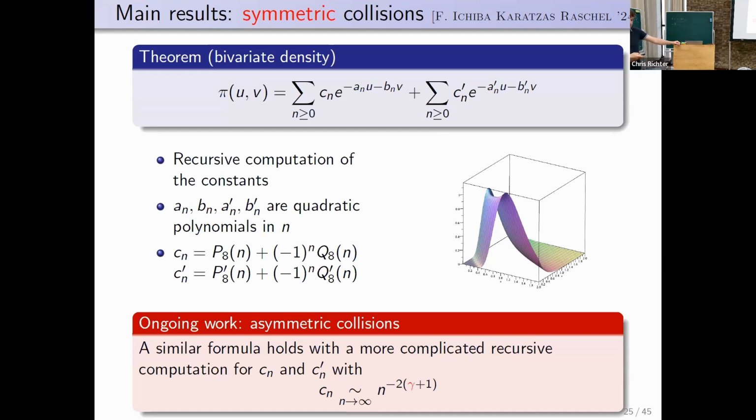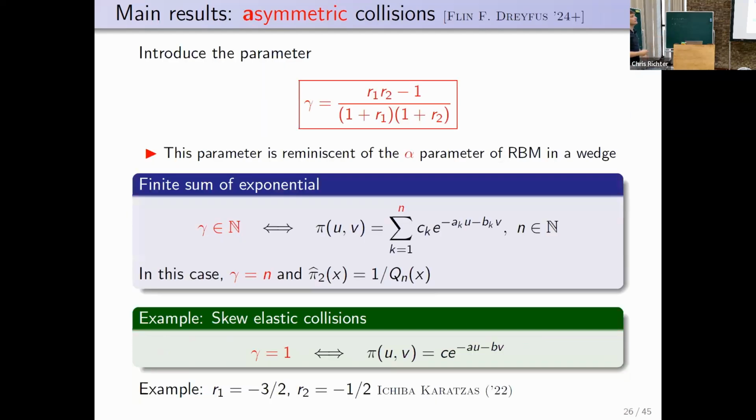So the gamma will be crucial for asymmetric collision, and this is the parameter which is reminiscent of the alpha parameter.